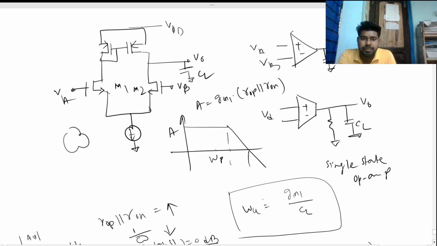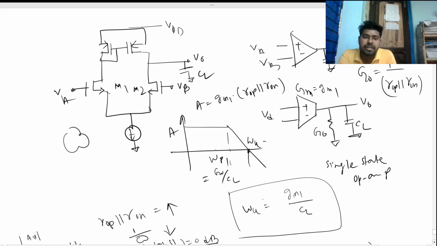So this omega P1 will be nothing but GO by CL, and GO is nothing but 1 over ROP parallel RON. This GM is nothing but GM1, and this omega u will be nothing but GM1 by CL. So these are the conclusions from this lecture.